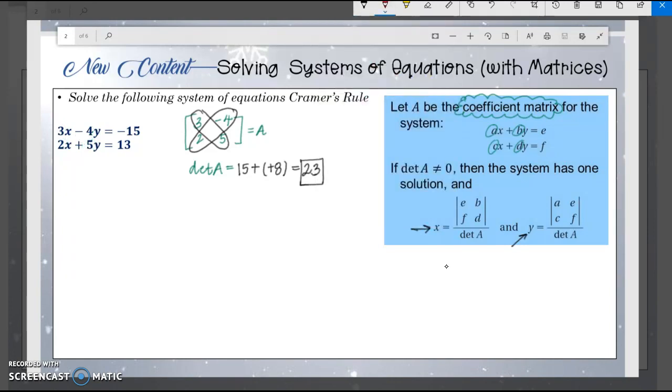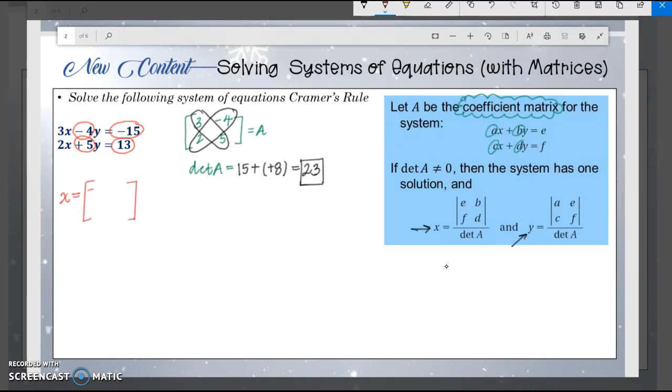So E is going to be the constant value that you have out on the right-hand side of your first equation. B is the coefficient here. F is the constant value on the right-hand side of your second equation. And then your D value is just this term right here, this positive 5. So let's go ahead and set up that matrix for our x term that we'll use.